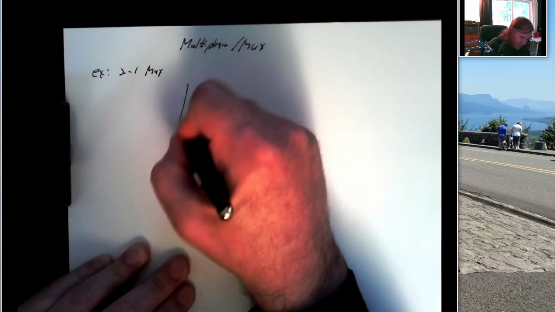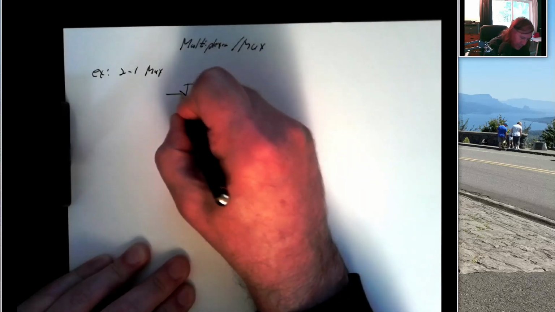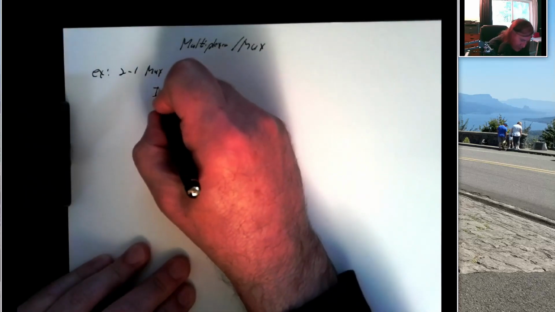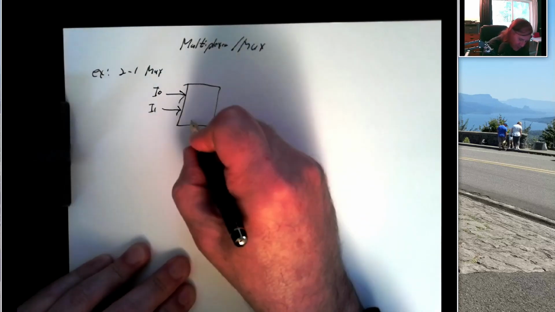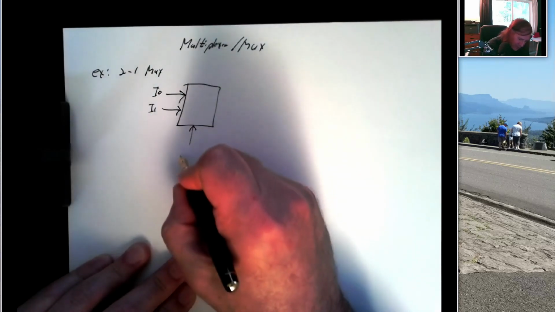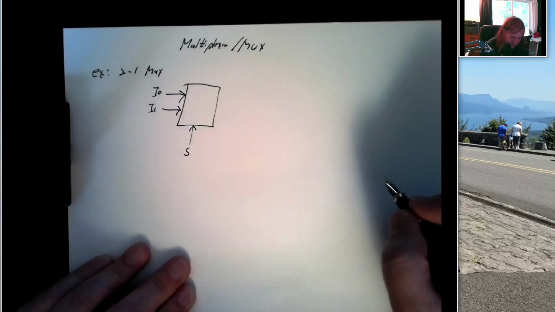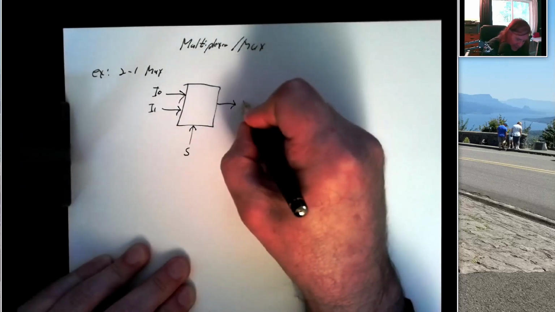So for example, a 2-to-1 mux we can think of as having 2 inputs. Let's call this input 0, input 1. And then we have some kind of select input, and then we have a single output.